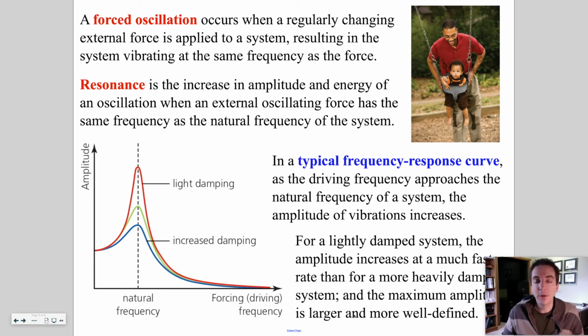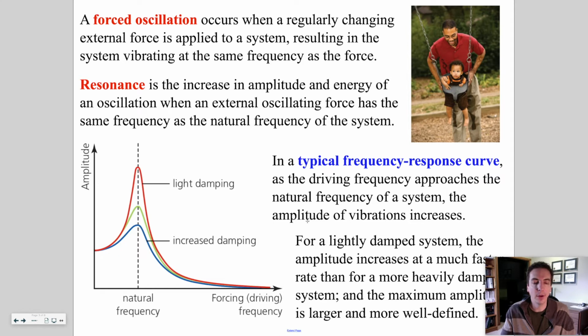Resonance is the increase in amplitude and energy of an oscillation when an external oscillating force has the same frequency as the natural frequency or resonant frequency of the system. So we called that forced frequency. Resonance occurs when the forced frequency matches the natural resonant frequency, or again, the natural frequency here in IB.